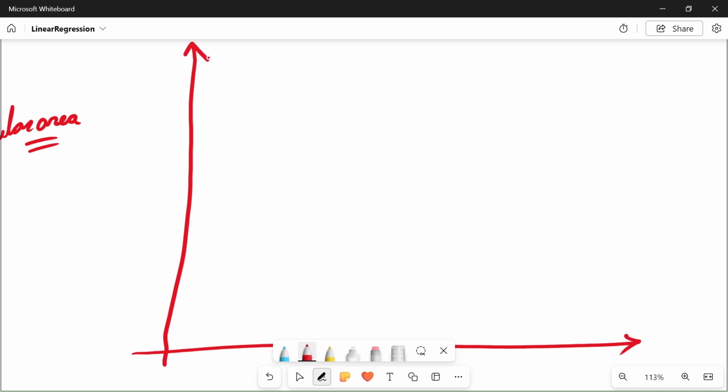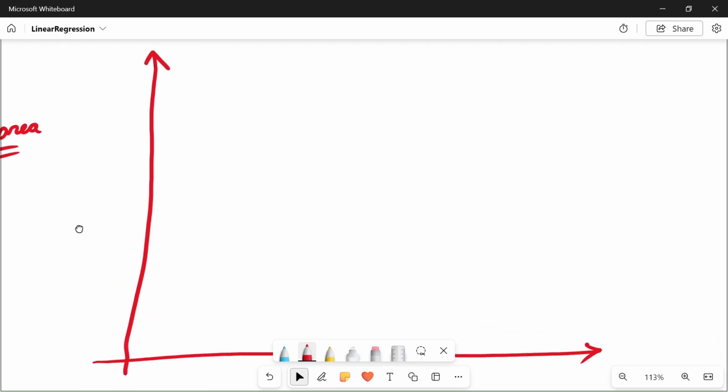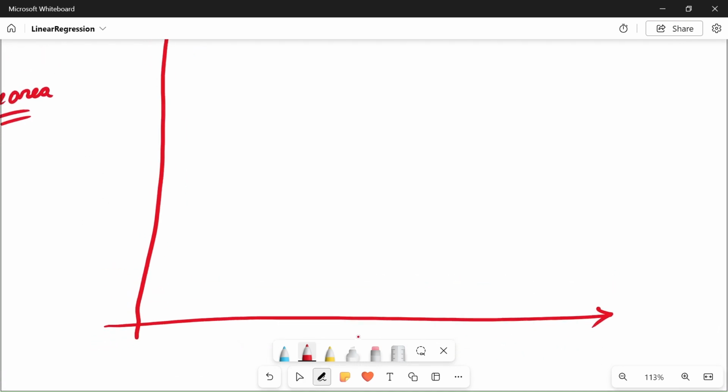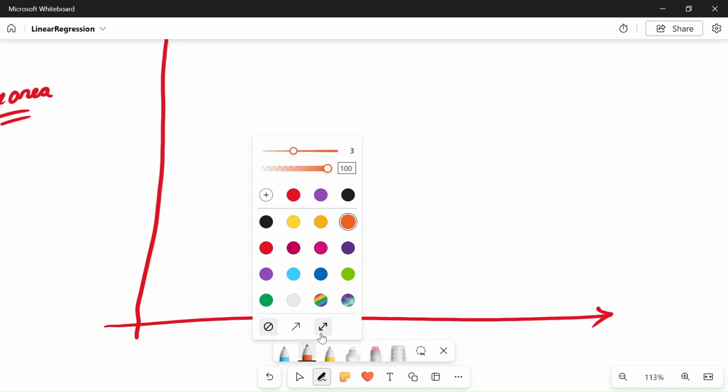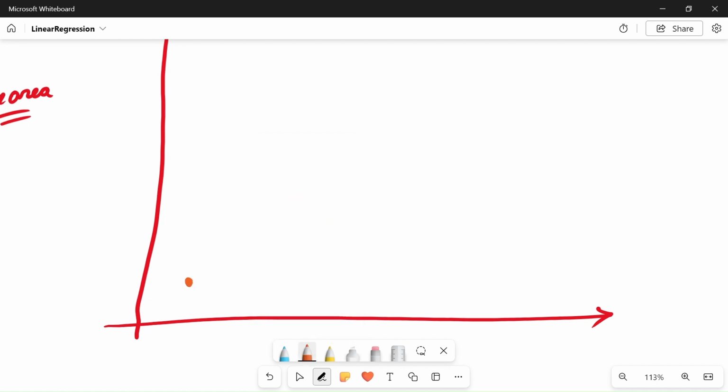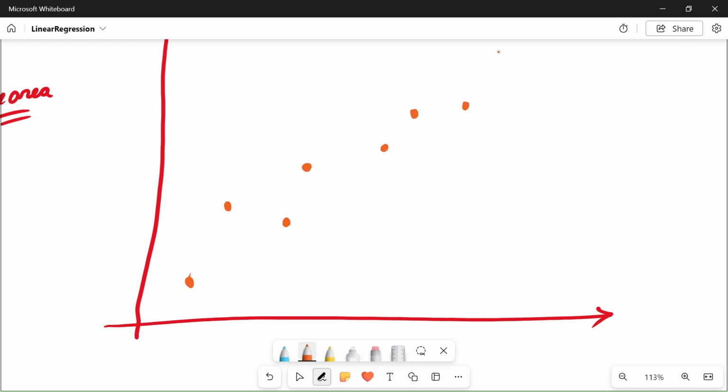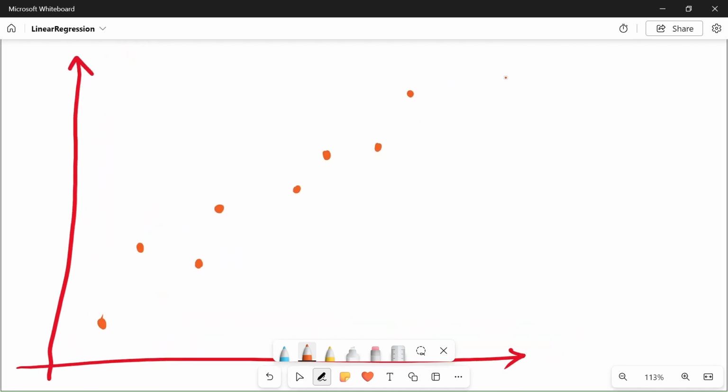Who cares about the pair of axes, right? We are more interested in the data itself. So let me make some dummy set of data points on our pair of axes on our plane.